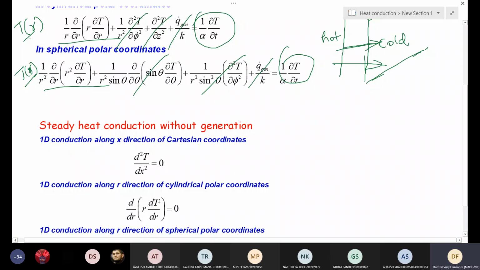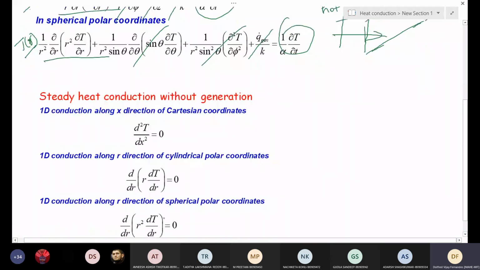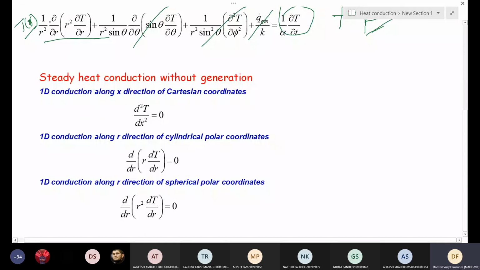So that's what we have done here. So we have just d by dr of r dT by dr. And here 1 by r square is again eliminated because the right hand side is 0. So we have d by dr of r square dT by dr. So these are the equations we are going to use to obtain the temperature distribution in different walls.